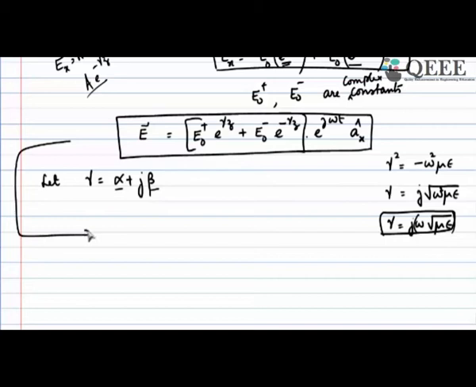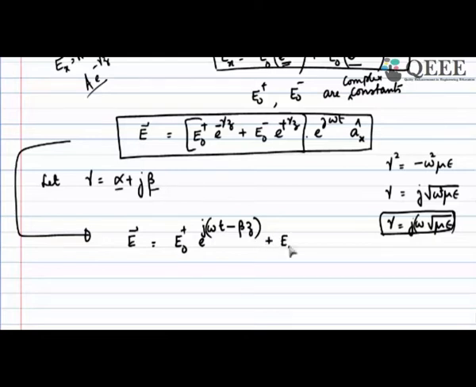Then this equation actually becomes E is E naught plus e power j, omega t minus beta z, and E naught minus e power j, omega t plus beta z. Let me write it as minus and plus; I'll tell you why.